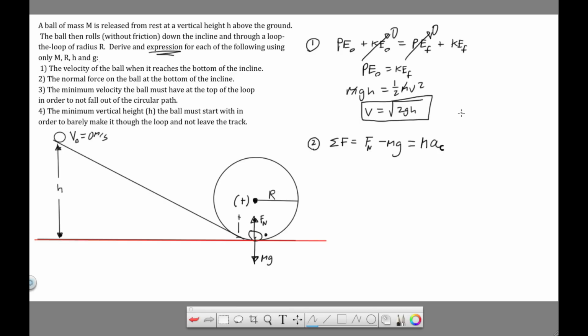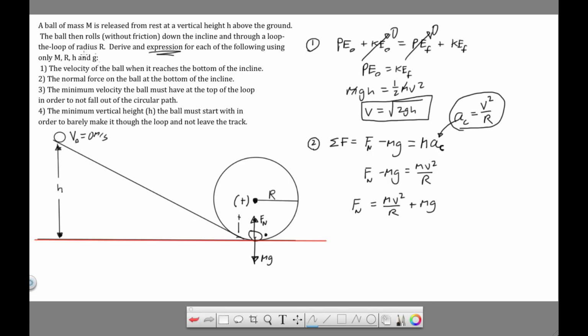And we know that centripetal acceleration is equal to v squared over r. So we can plug it in there. So now what we have is normal force minus mg equals mv squared over r, and we're solving for the normal force. So the normal force is going to be mv squared over r plus mg.